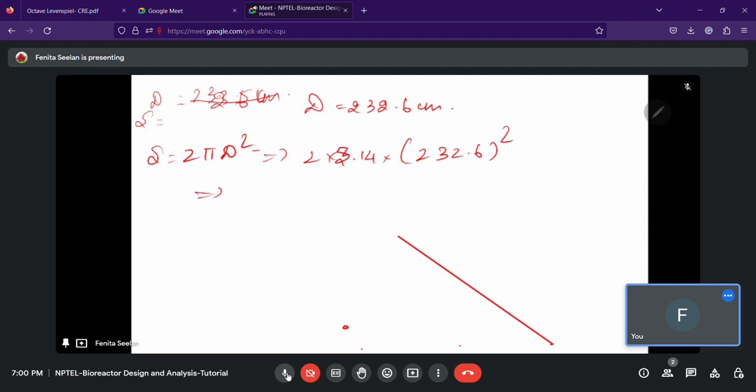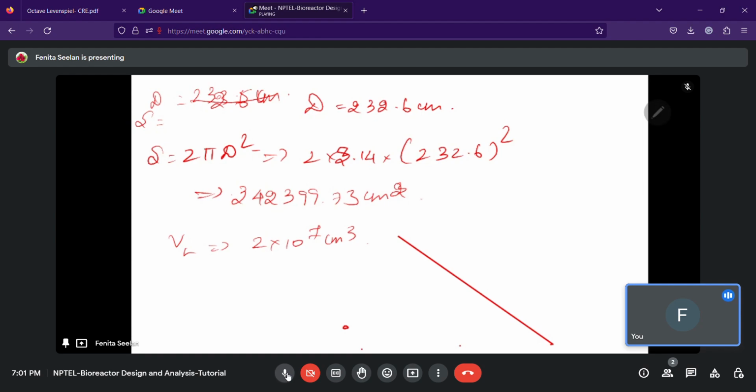So we are around 342,173 centimeters square. And the volume of the larger reactor will be 2 into 10 to the power 7 centimeter cube.